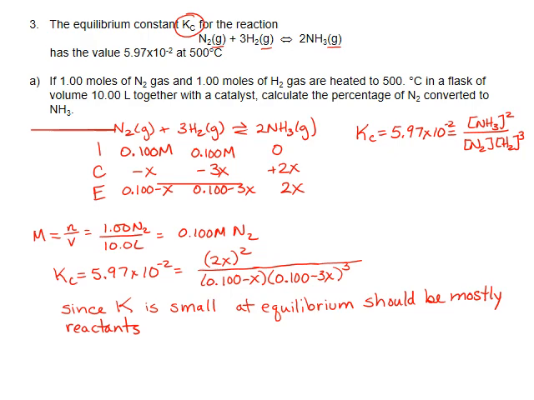Since we're starting with reactants in the system and no products, we expect the amount of change that happens to be relatively small. So let's try making the assumption that x is small.